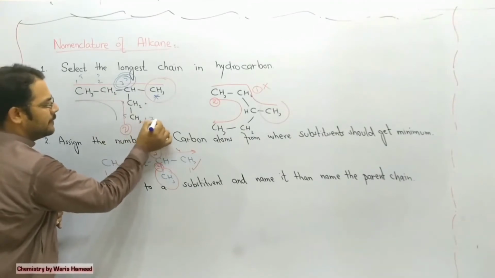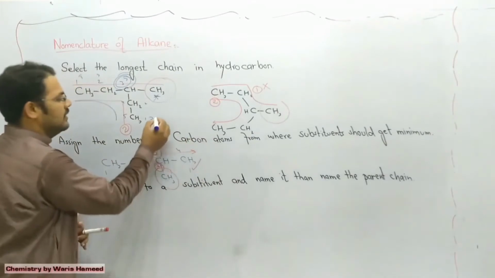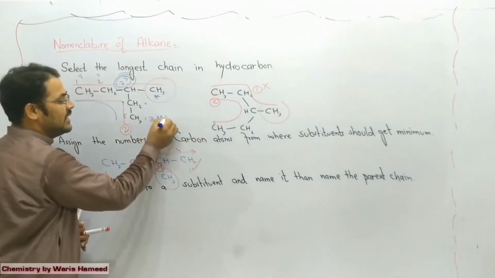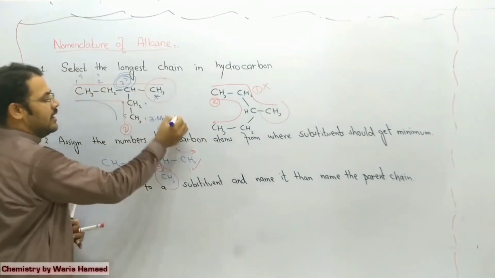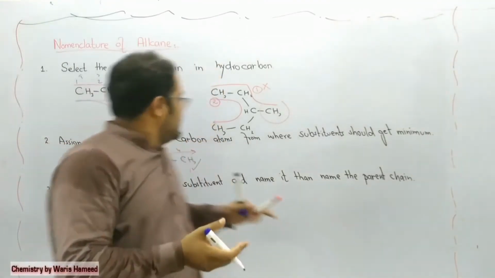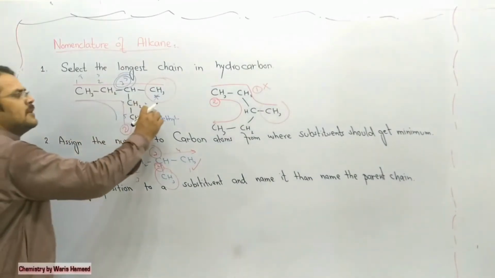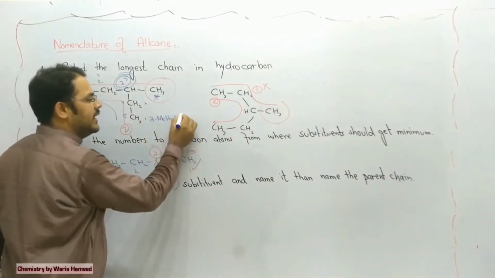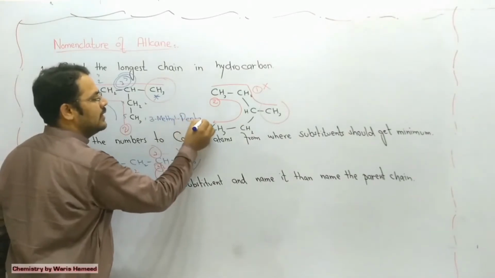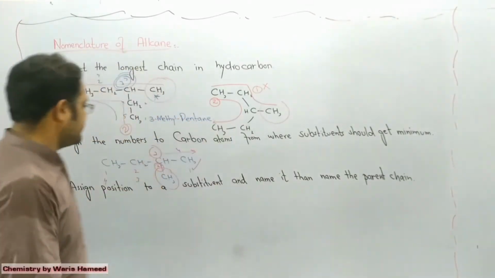Write 3. What is the name of that substituent? It's methyl. 3-methyl. And how many carbons are present in the parent chain? There are 5 carbons in the parent chain. So its name will be 3-methyl pentane.